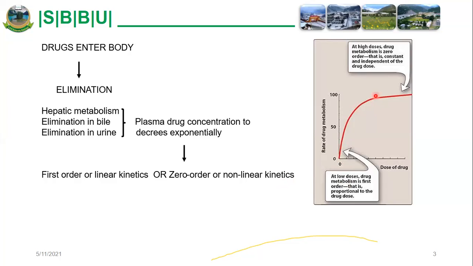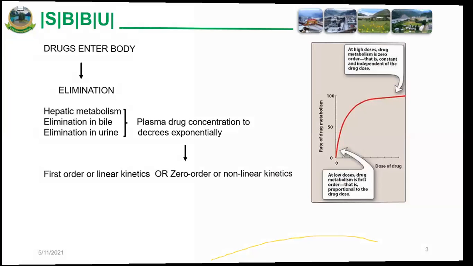Whenever the dose is increased, the drug metabolism will follow zero order kinetics. You can see the main differences here. With nonlinear kinetics, toxicities are mostly associated whenever the drug concentration increases in the plasma.